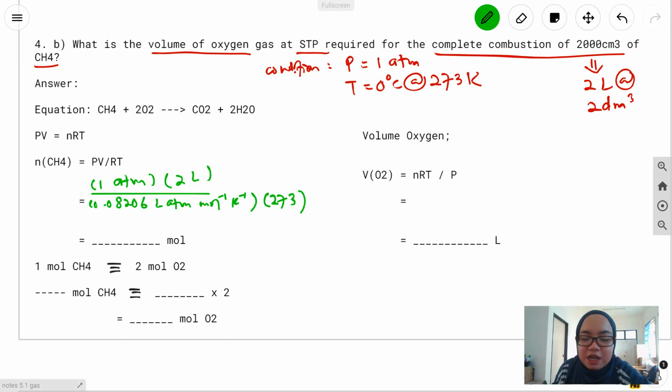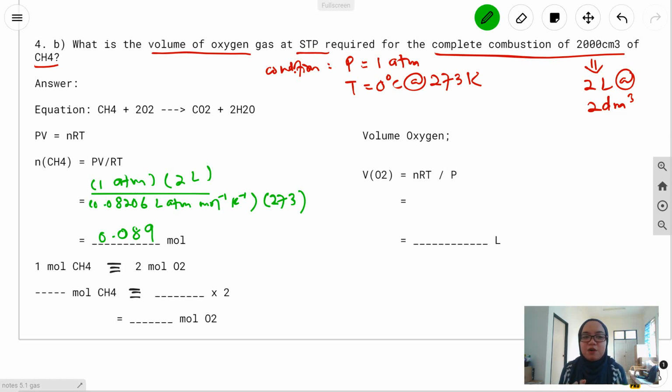So we get the number of mole of CH4 is 0.089 mole.